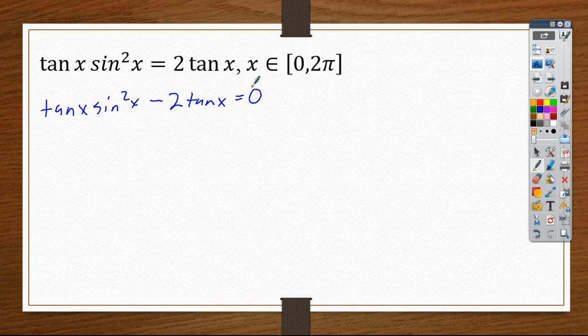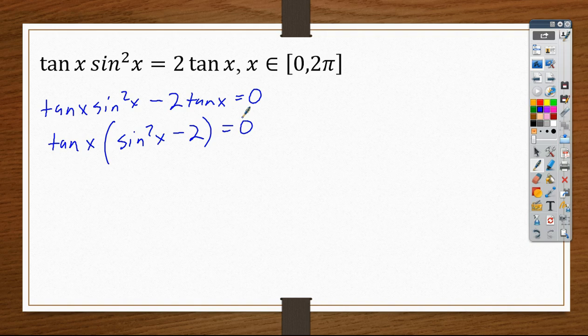And then what I can see is that once I have it here, I can take out a tangent x. I have tangent x, and here I've got sine squared x left over, and minus a 2 left over inside of here, and this equals 0.